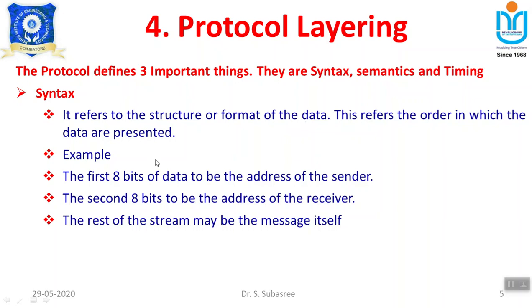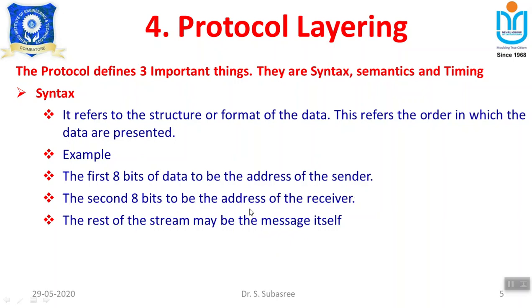For example, I told the system will understand only bits. So for sending information from one system to another system, you need a sender address, you need a receiver address, and then you want to send a message. The message will have so many packets. These are called syntax. The first 8 bits represent the sender address.